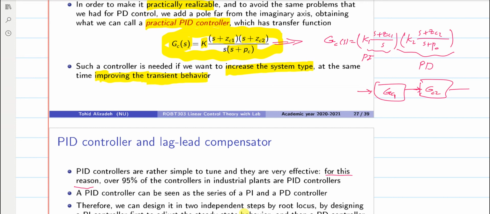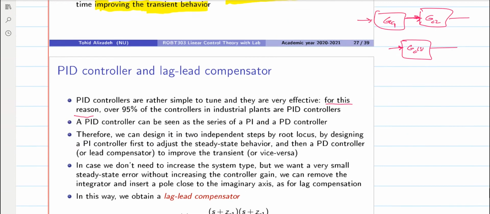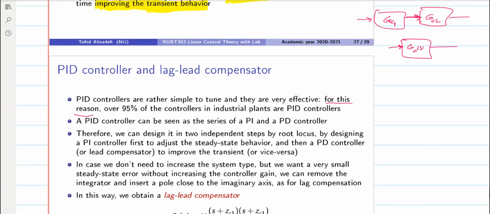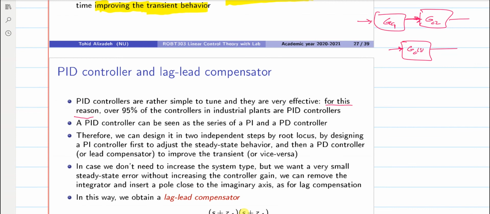This will be equivalent to GC. Since this is the case, we can design the PID controller in two independent steps using the Root-Locus approach.